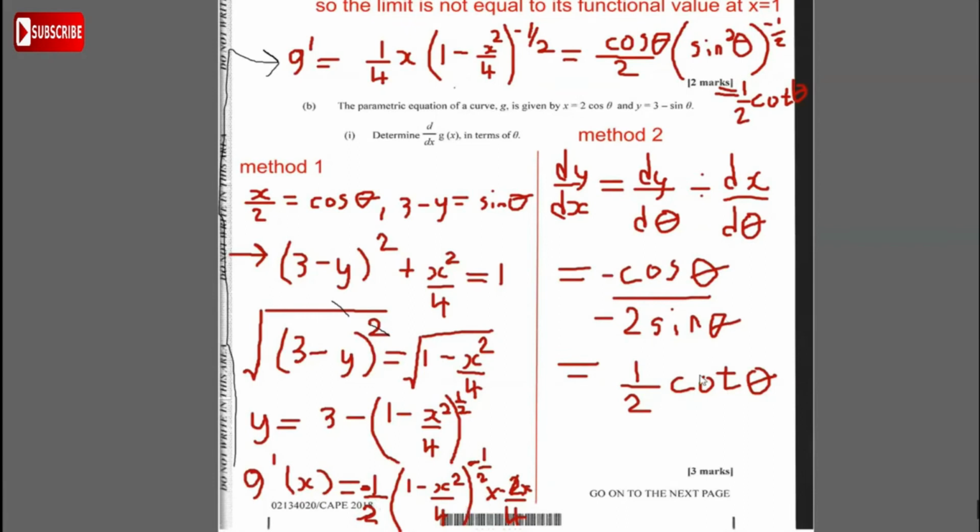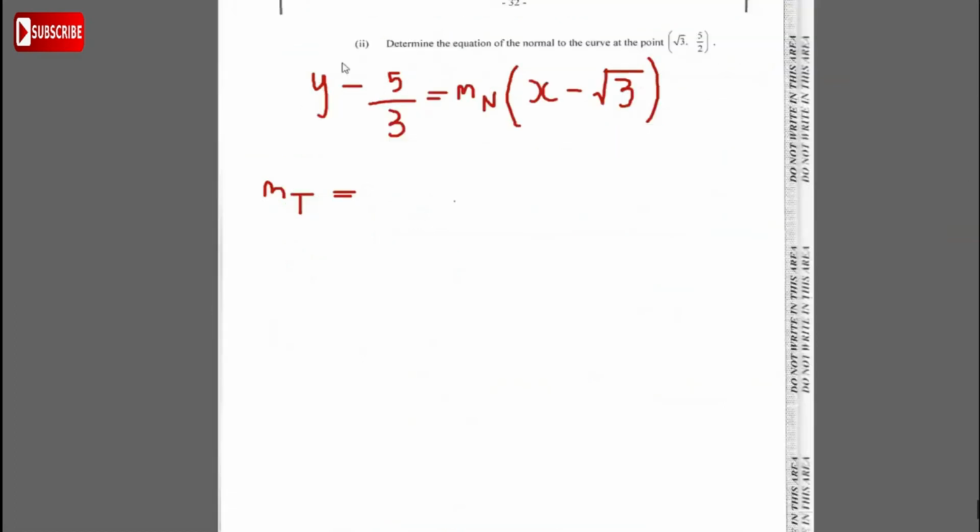Or if you want to use this formula, you need to find the value of theta that will give you x to be root 3. So from this here, x is 2 cos theta. So what's the value of theta to make x be root 3? All right, so x is equal to 2 cos theta, and in this case x is root 3, so we have root 3 is 2 cos theta.